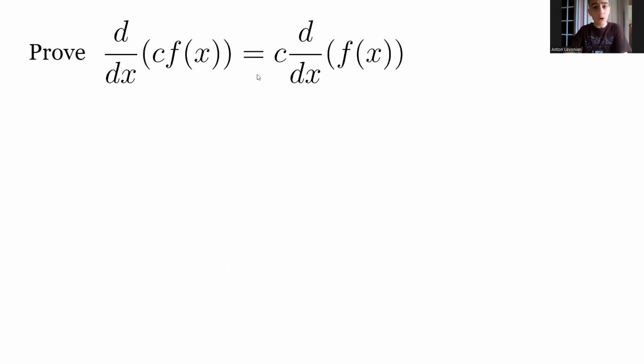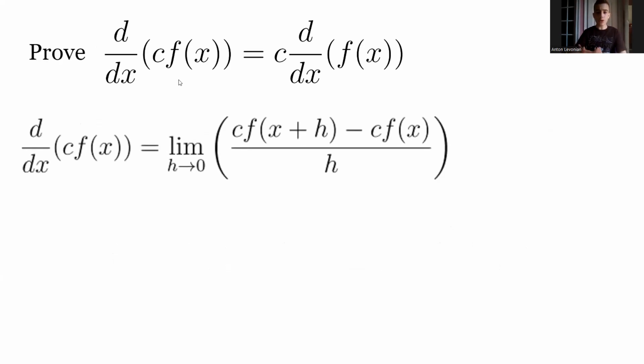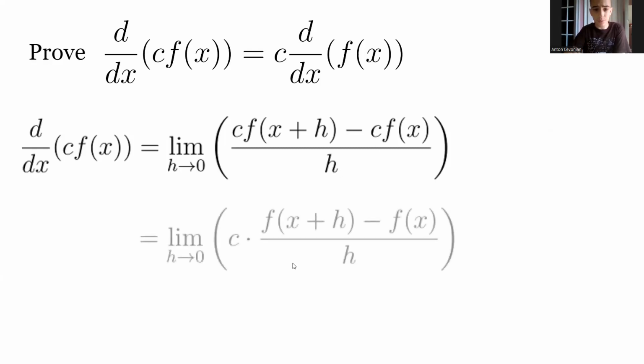So first, we will go on to this scaling property here. To prove this, we go back to the definition of a derivative, which states that the derivative of f of x is equal to the limit as h approaches 0 of this thing right here: f of x plus h minus f of x over h. And when we scale this function up by a constant, this limit just has a c in front of each of the f of x terms.